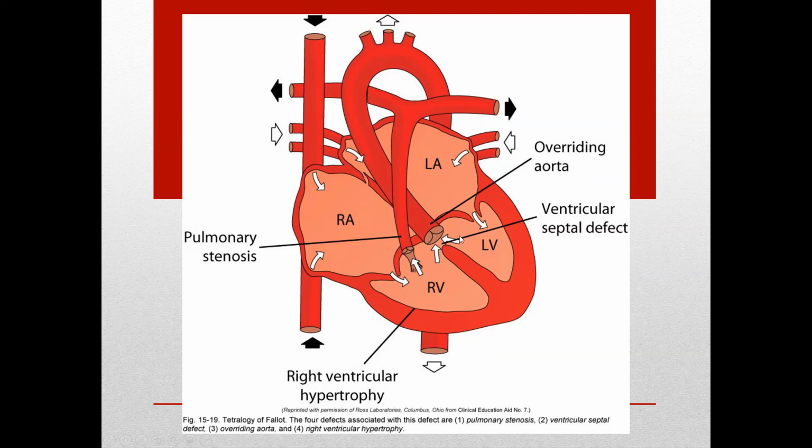And then because there's an opening between the ventricles, the aorta is accepting blood from the right ventricle and the left ventricle. So what do you think about oxygenation in this baby? Yes, very good. It's going to be a cyanotic heart defect because you have deoxygenated blood getting into the aorta.